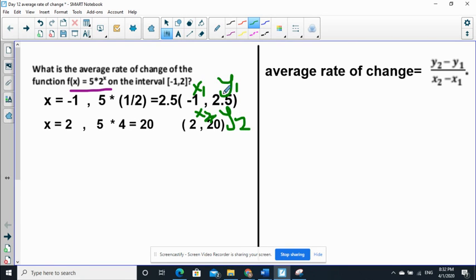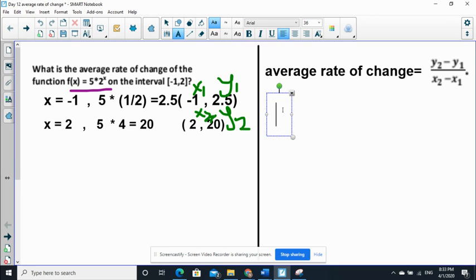Okay, we have x1, y1, x2, y2. Use this formula to find the average rate of change. To find the average rate of change, we find the change in y over the change in x. If you remember that. The change in y changed from 2.5 to 20.